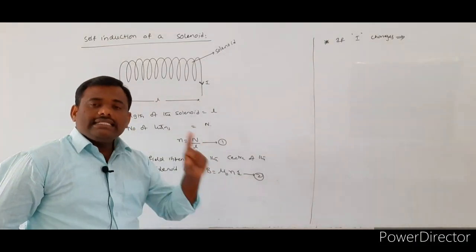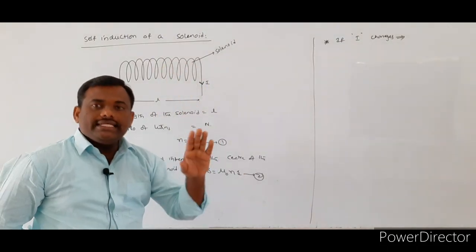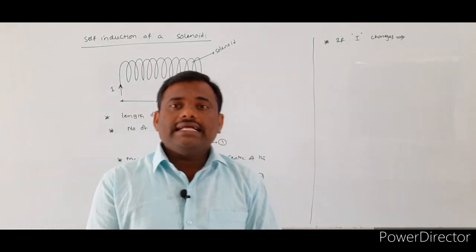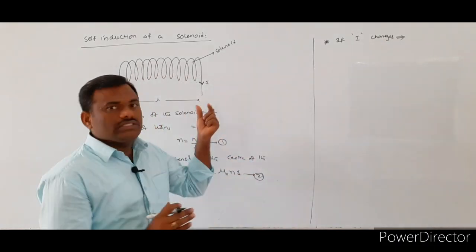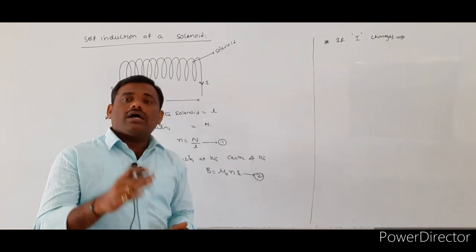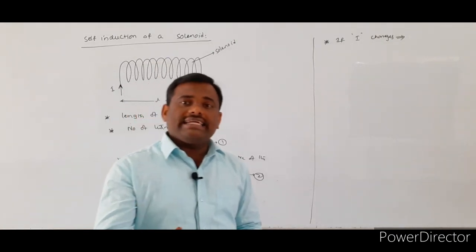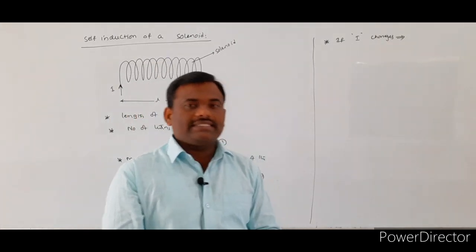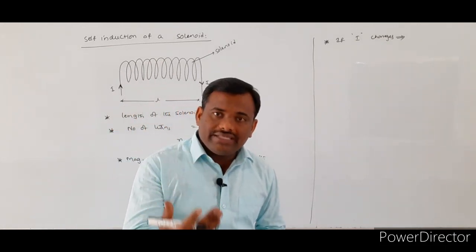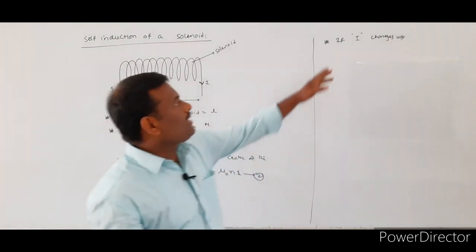As a result, the flux associated with each turn of the solenoid is also constant. That constant current produces a constant magnetic field and a constant magnetic flux. But in the case of the EMF we are discussing, whenever the flux changes, induced EMF will be produced. So that's what I am assuming here.